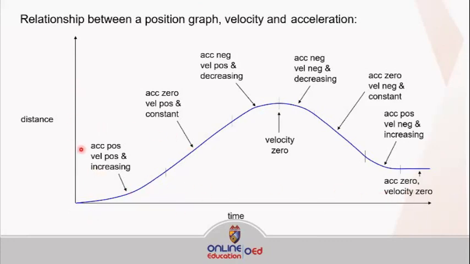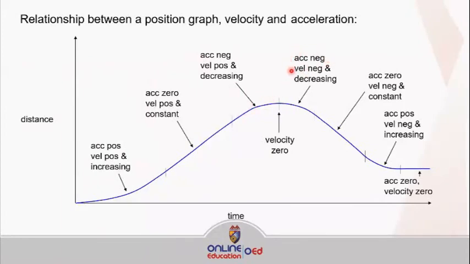Let's say the acceleration is positive and the velocity is positive; then the graph is increasing. When the acceleration is 0 and the velocity is positive, it is constant. If the acceleration is negative but the velocity is positive, it is decreasing.